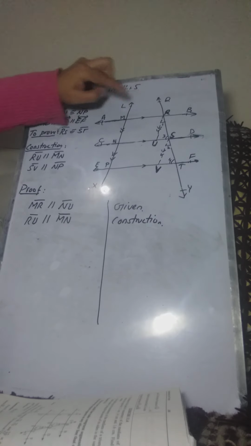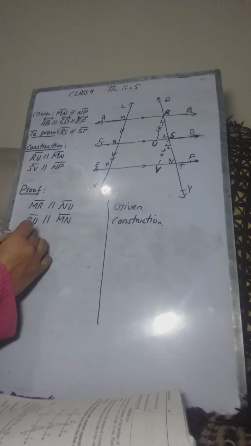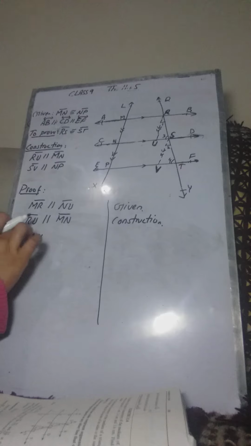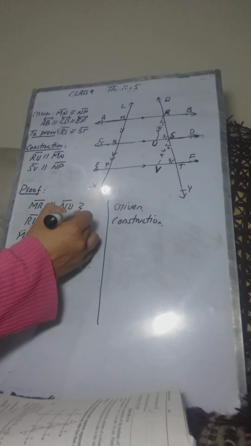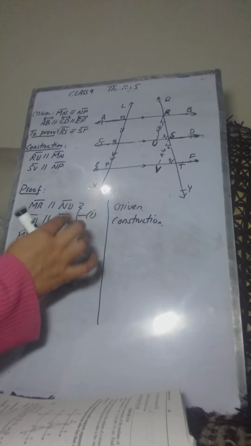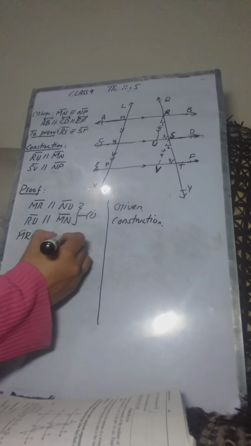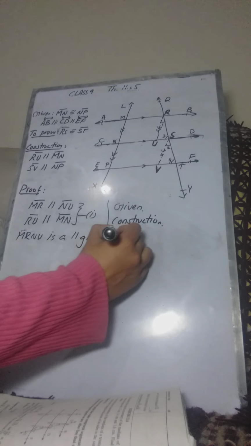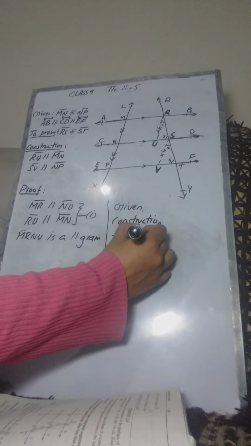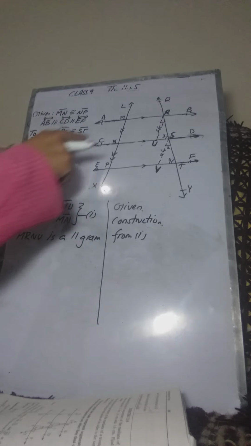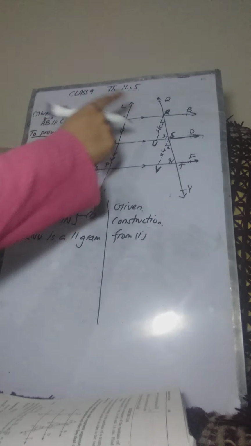Therefore, MRUN is a parallelogram. Let me call this the first equation. MRUN is a parallelogram, from discussion 1.